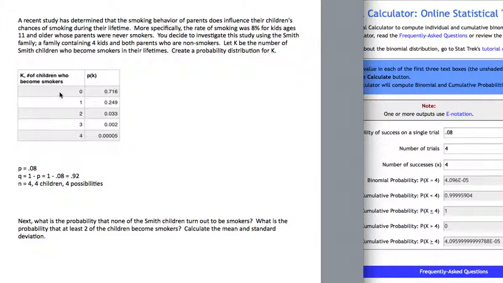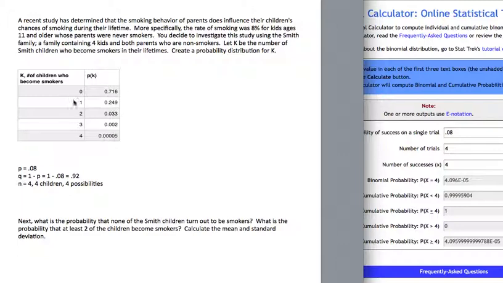So this is creating the probability distribution. It's a probability distribution because we're describing a numerical random variable. All of the probabilities here, if you were to add these up, they're going to add up to essentially 1.